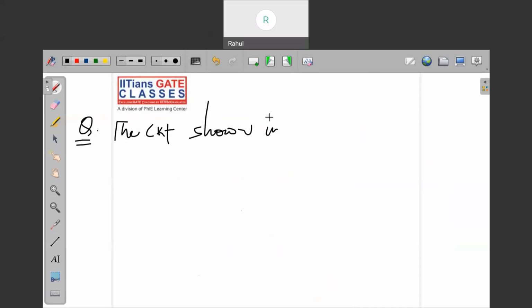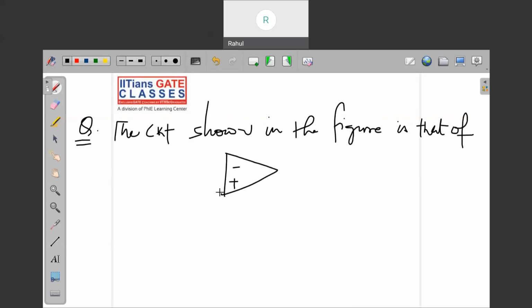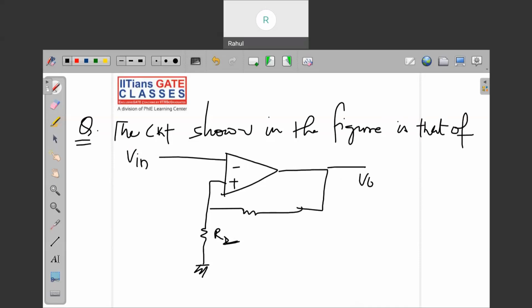This is minus, this is plus. There is a V in, and this is going to be your R2, and this is V out.